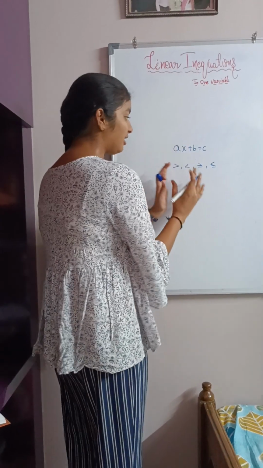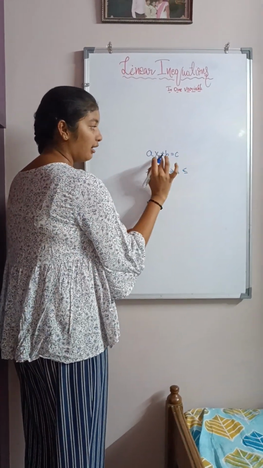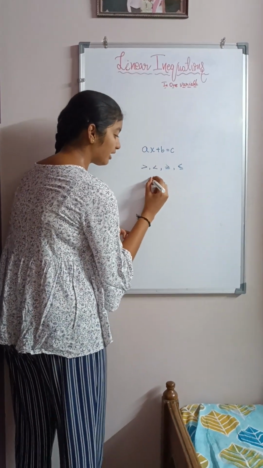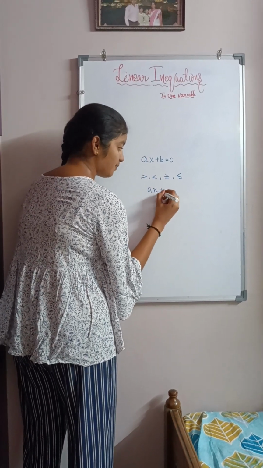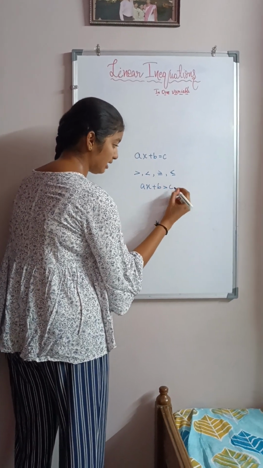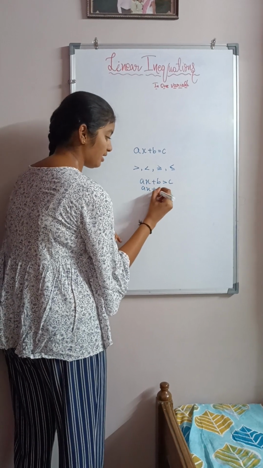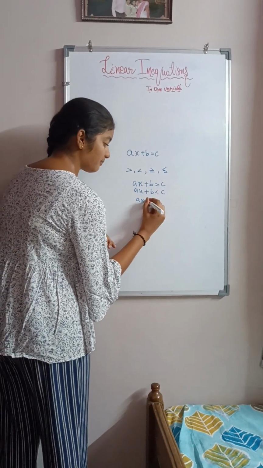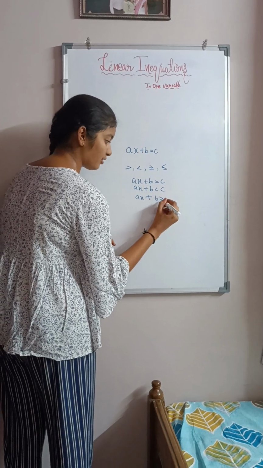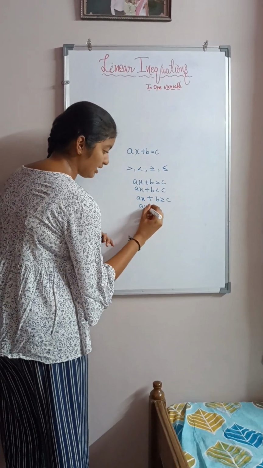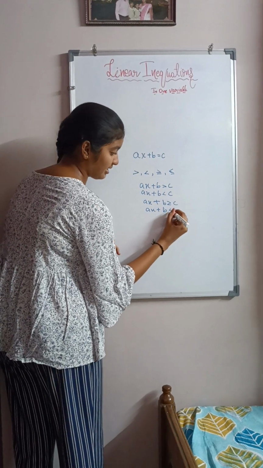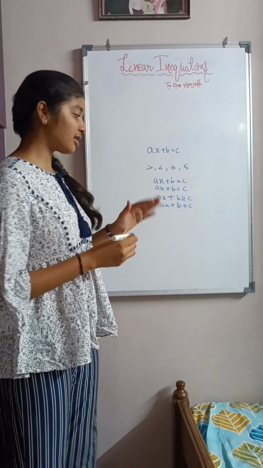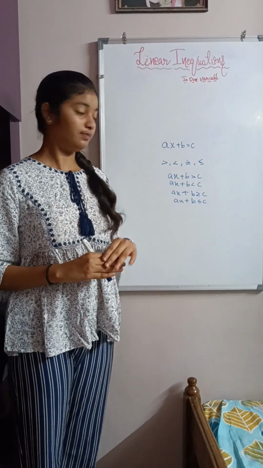Let's write the linear inequations in the form of a linear equation: ax plus b is greater than c, ax plus b is less than c, ax plus b is greater than or equal to c, and ax plus b is less than or equal to c. These are the four forms of linear inequation.